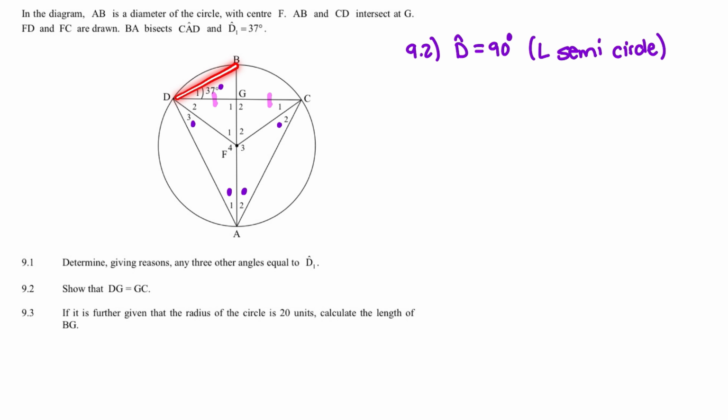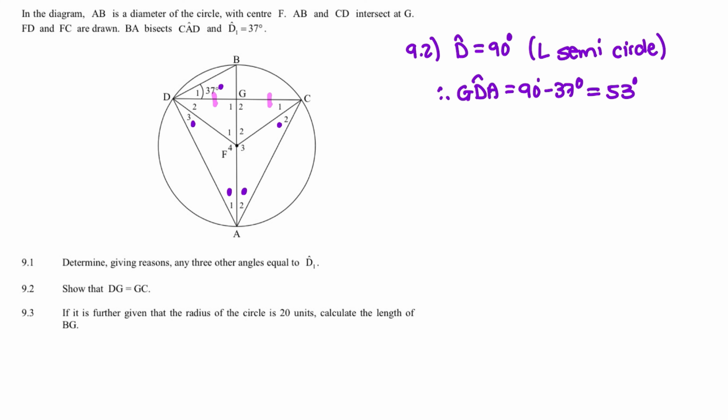So in this triangle, I already have 90 degrees. And I want to move towards G1. And can you see we already have A as 37 degrees and we have this whole thing as 90. So therefore the angle of GDA is equal to 90 minus 37 degrees, which is 53 degrees.